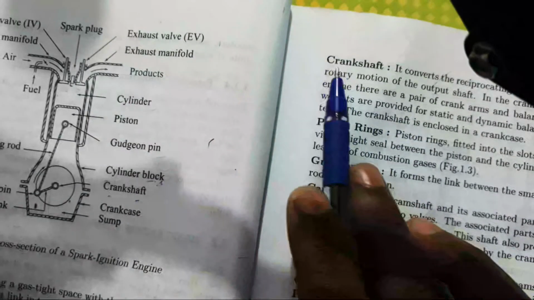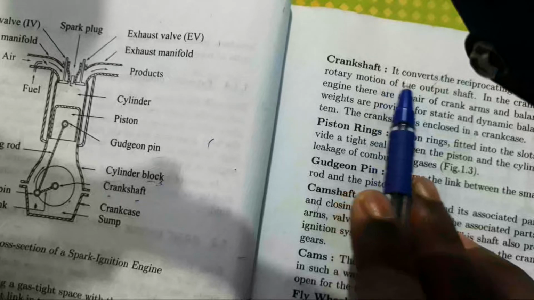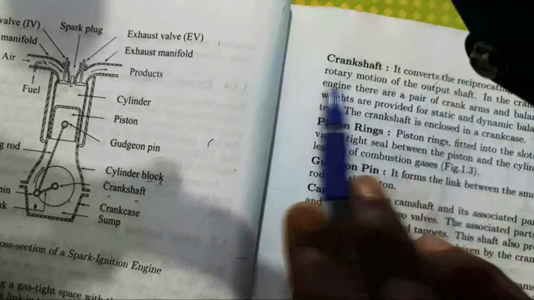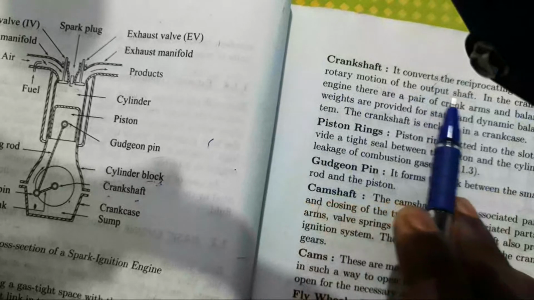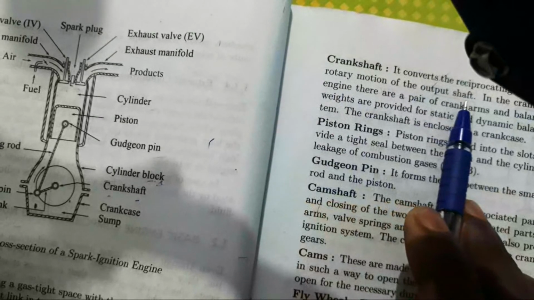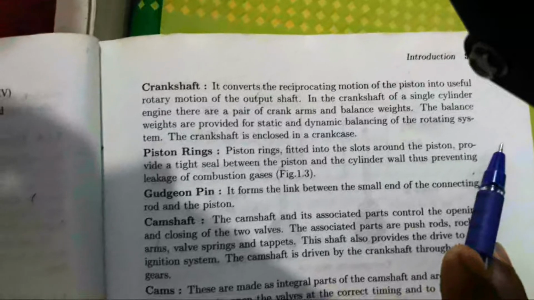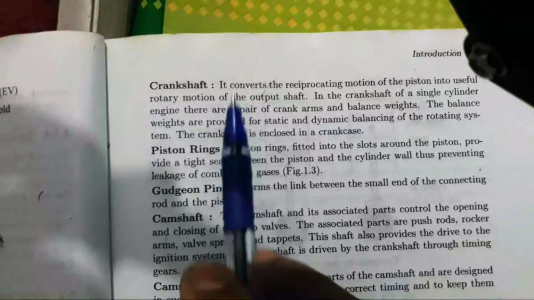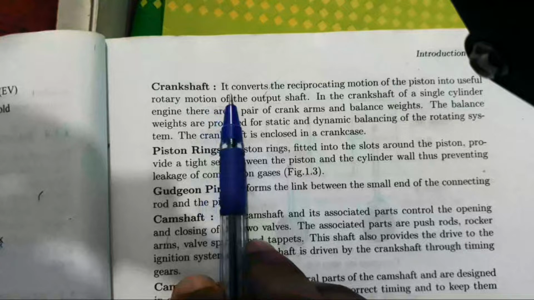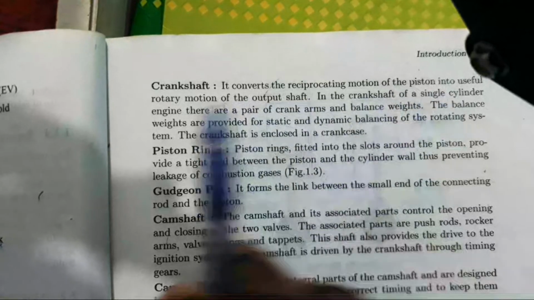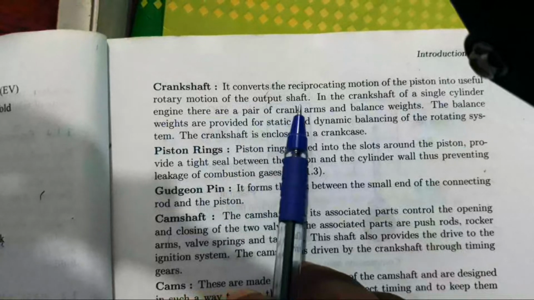This is the crankshaft. It converts the reciprocating motion of the piston into useful rotary motion of the output shaft.